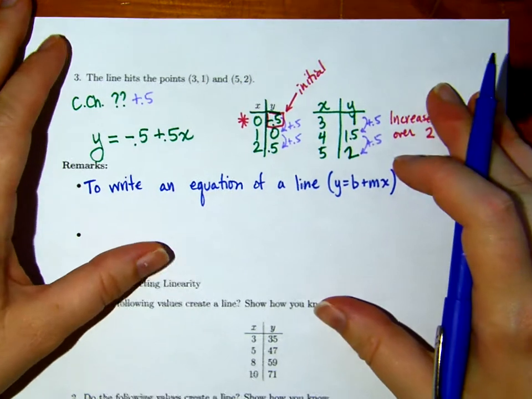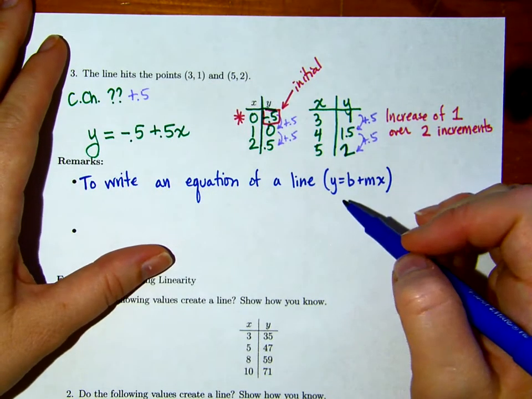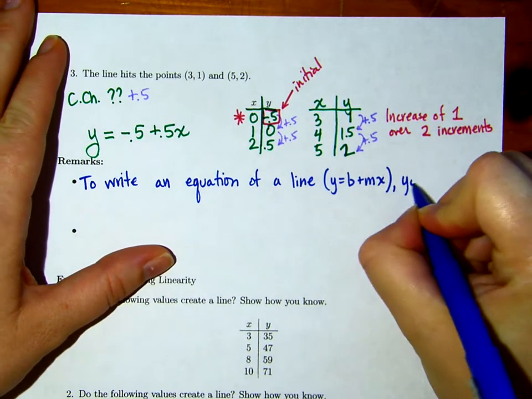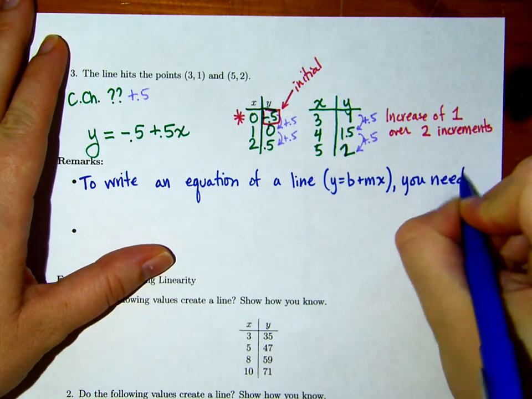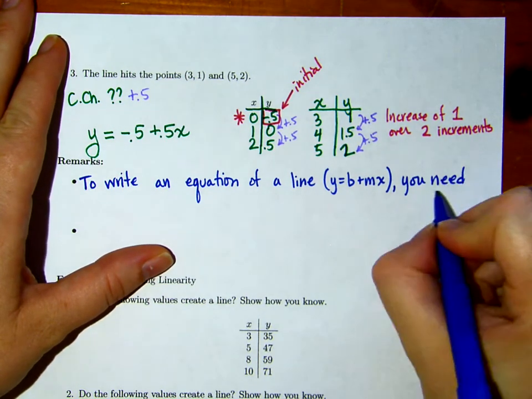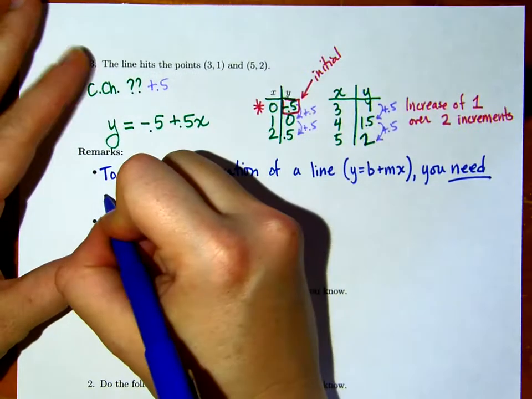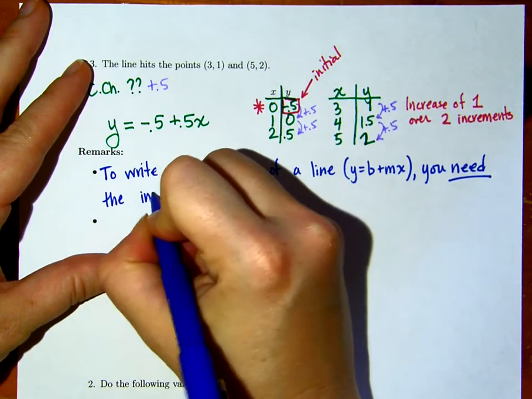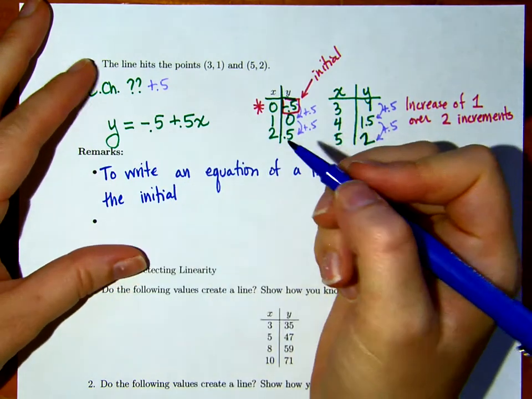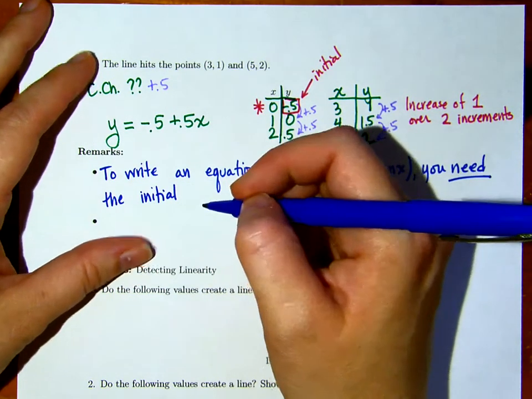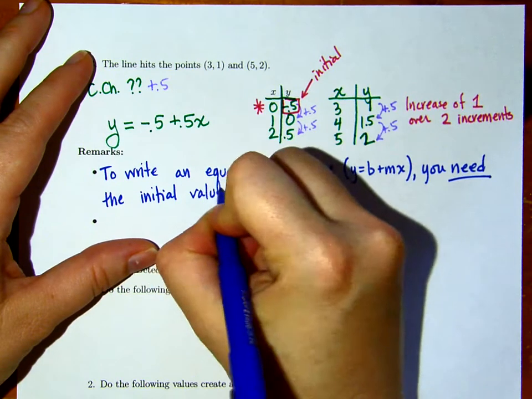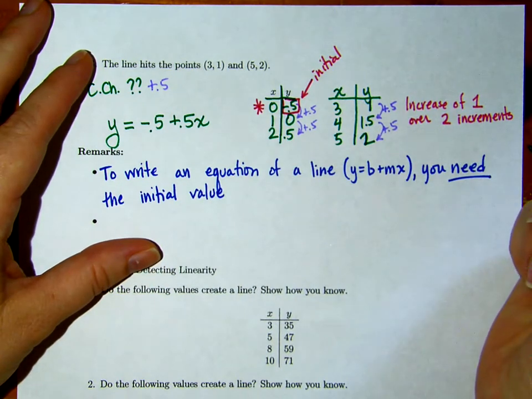To write an equation of a line in this format, you need the initial value and you need the constant change.